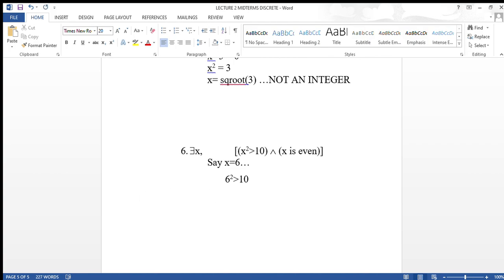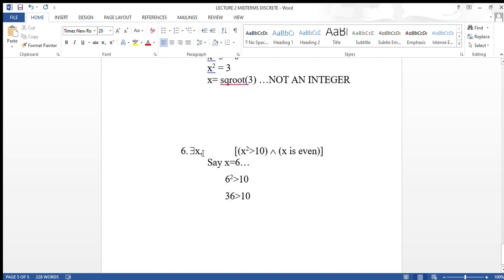Why? Because 6 squared is 36. So 36 is greater than 10. So we were able to find a value of x such that x squared is greater than 10. And at the same time, 6 is even.